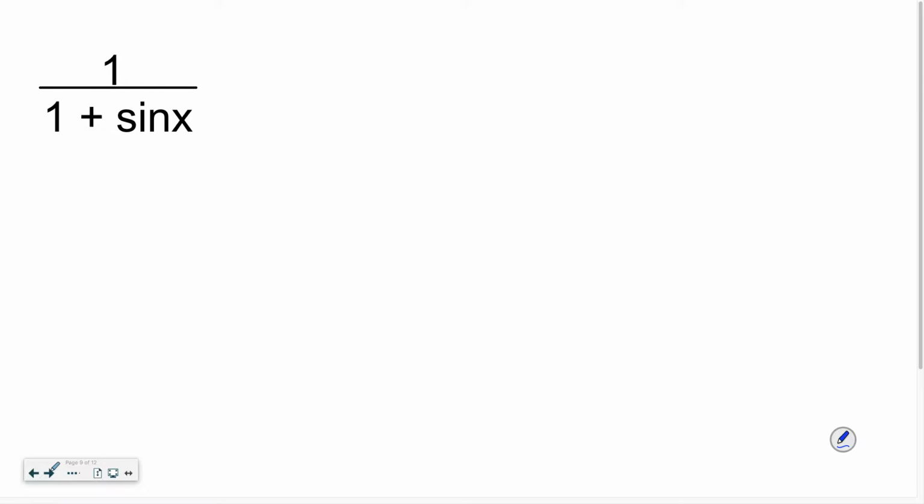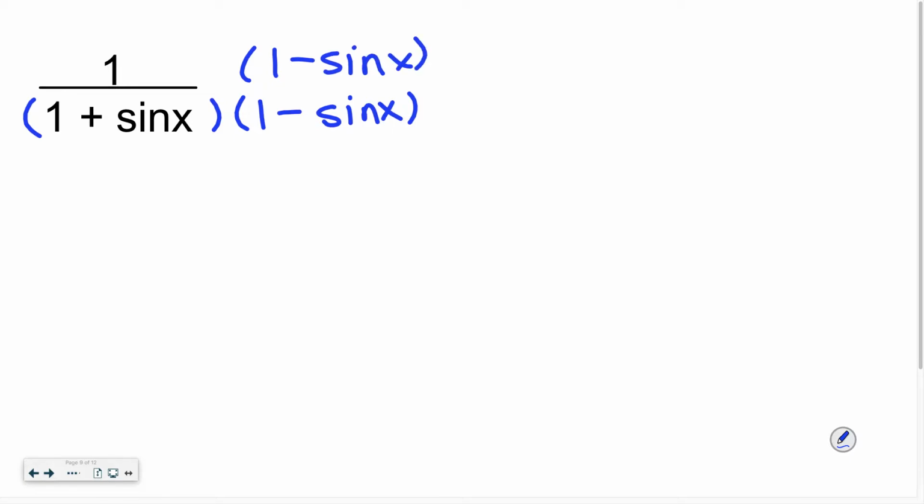Okay, so when we have two terms in the denominator, we're kind of stuck because we cannot split a fraction up by its denominator. Now this is a strategy that we're going to talk more about tomorrow, but I know that multiplying by 1 minus sine of x is going to be helpful.